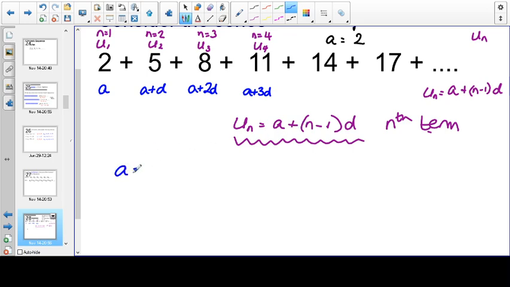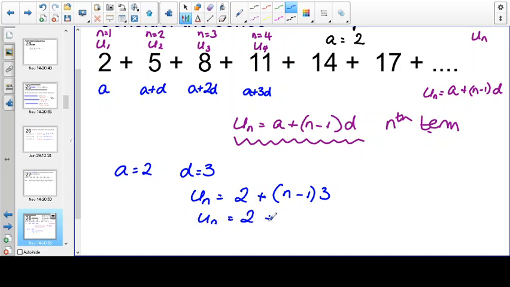If I say A is 2 and D is 3, then UN is 2 plus n minus 1 times 3. 2 plus, if I just expand that out, 3n minus 3, so UN equals 3n minus 1. And that is the specific nth term for that sequence.